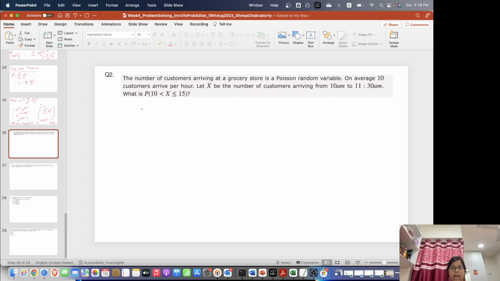So here we have number of customers arriving at a grocery store is a Poisson random variable. On an average 10 customers arrive per hour. Let x be the number of customers arriving from 10 am to 11:30 am.